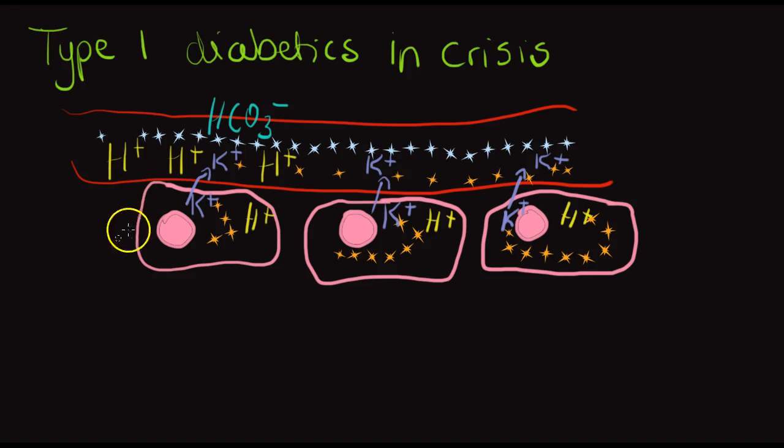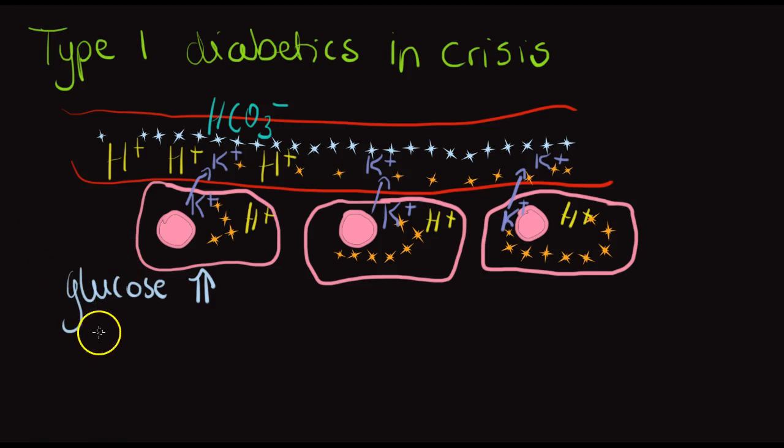So in recap, what you usually see is that your glucose is elevated. So glucose is high, very high. We have an increase in hydrogen ions, which means basically a low pH. Let me actually write that properly here.